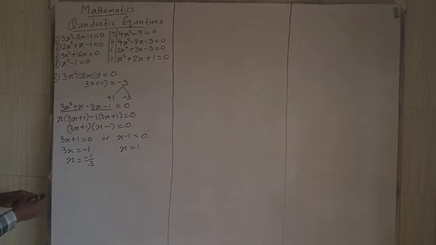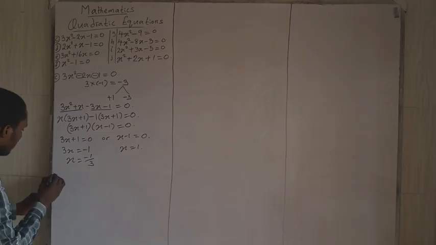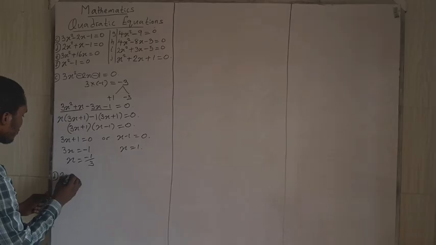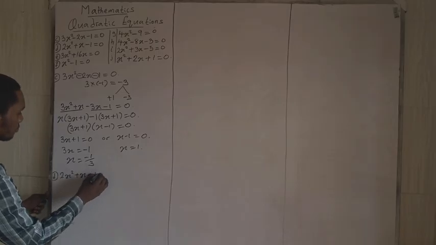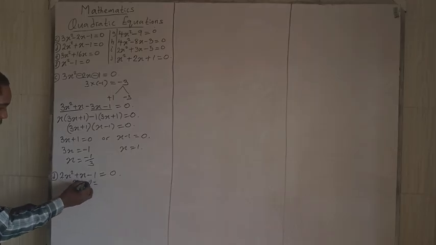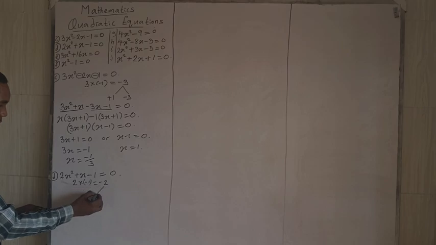The next question that we have here is, first thing, multiply the coefficient and the constant. Coefficient of x squared. That is 2 times minus 1, minus 2.